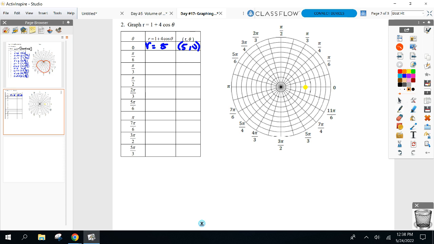Pi over 6, 4.5. Keep trucking. 5 pi over 3, 3.